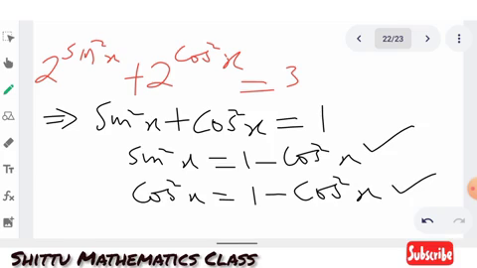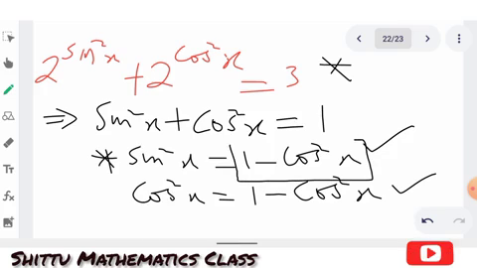Let's say I want to pick sine square x. Wherever I see sine square x in this equation, I am going to plug in 1 minus cos square x. So let's continue.